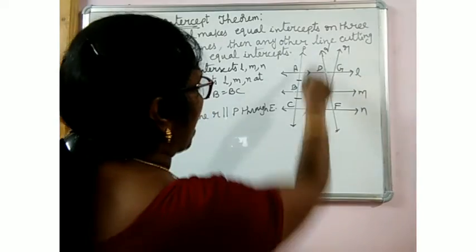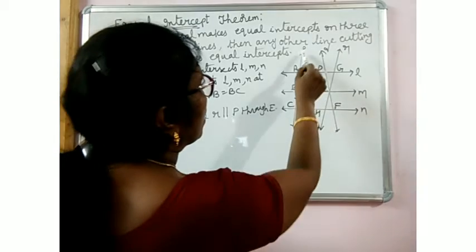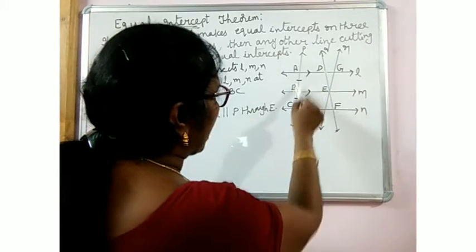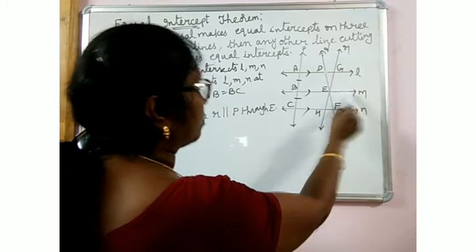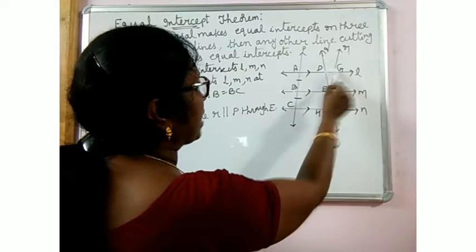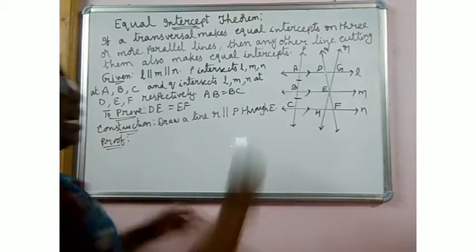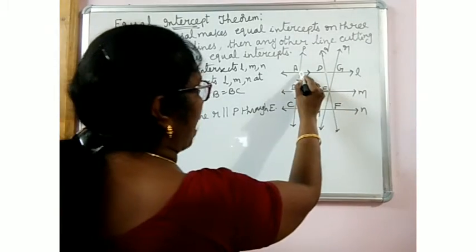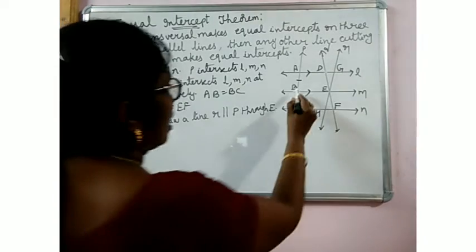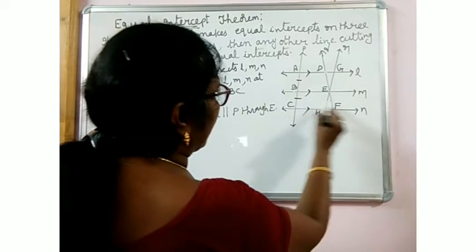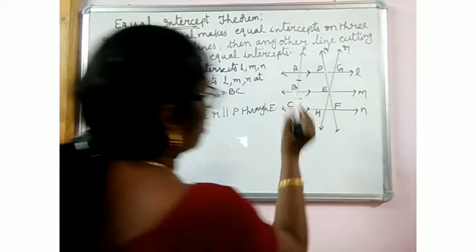As R is parallel to P, that means AB is parallel to ZE. L is already parallel to M. So ABEZ is a parallelogram. If ABEZ is a parallelogram, AB is equal to EZ. In the same way, BE is parallel to CH.